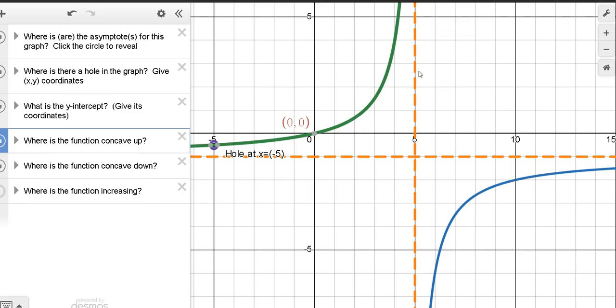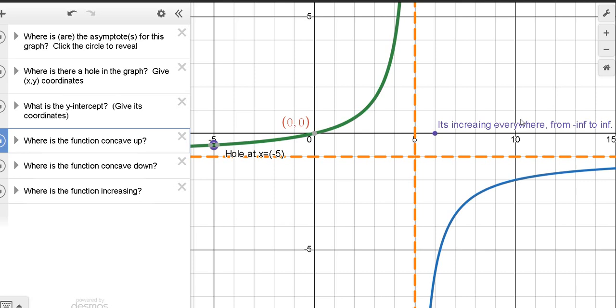The only problem spot is at x equals 5 itself, where the function has a vertical asymptote. You also have another little problem spot at negative 5, but there's just a hole there, not anything disastrous like what we have over here with a vertical asymptote. So function's increasing from negative infinity to infinity.